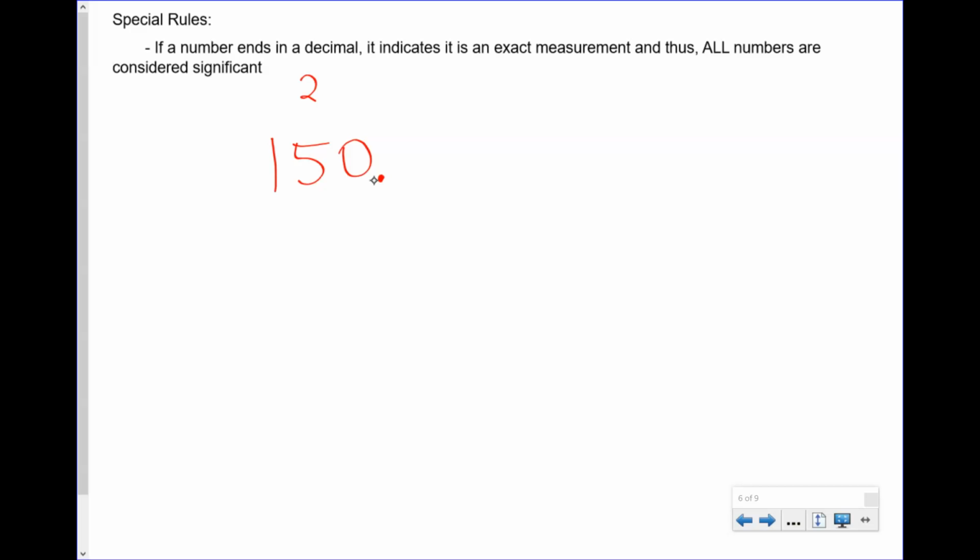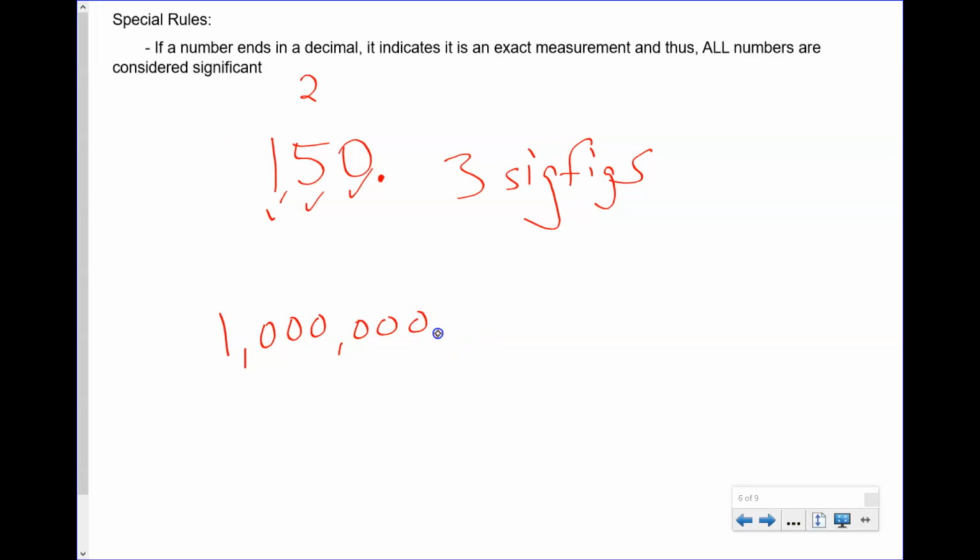But if we see a random decimal point at the end of a number, that means that is an exact measurement, in which case all of those numbers become significant. So 3 sig figs in this case. It doesn't matter how many numbers we have, if it ends in a decimal, all of the numbers are considered significant. So in this case, 7 sig figs, because the decimal point indicates an exact measurement.